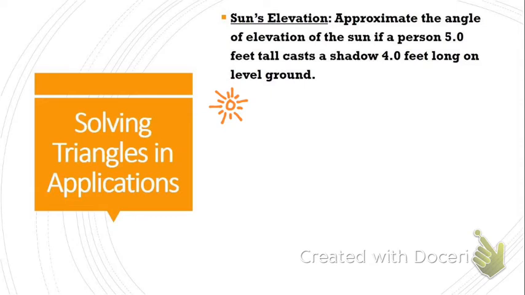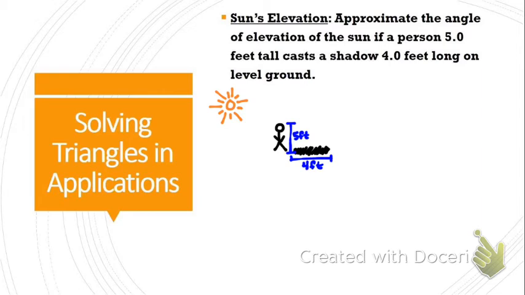So, question, if our person is standing right here, is the shadow going to be on this side or on this side? That side over there. Okay, so here's my person, and here's their shadow. What do I know about the person and the shadow? Person is 5 feet tall, and the shadow is 4 feet long.